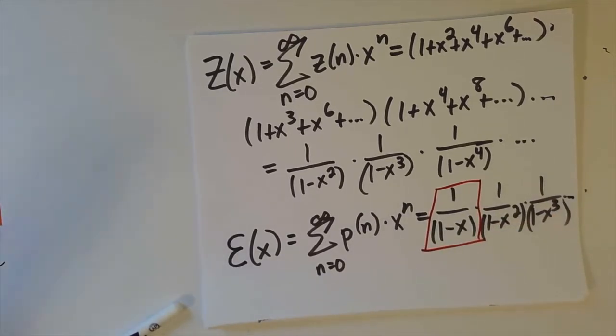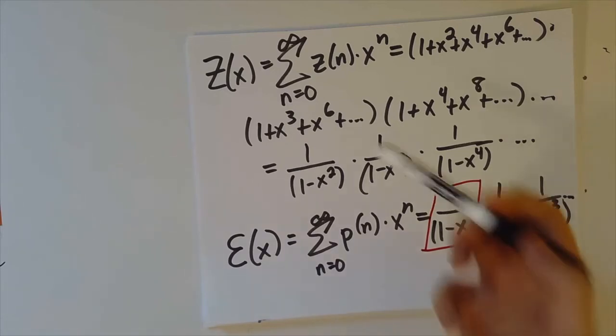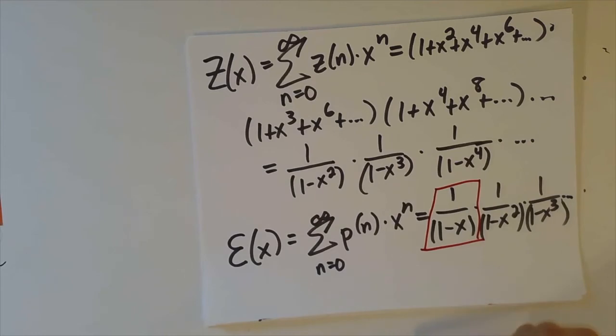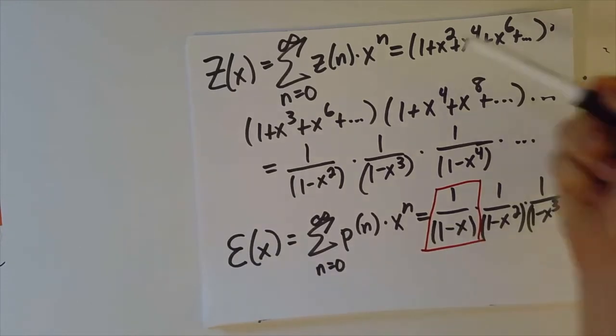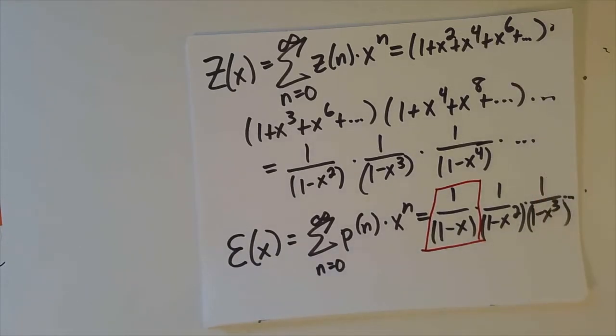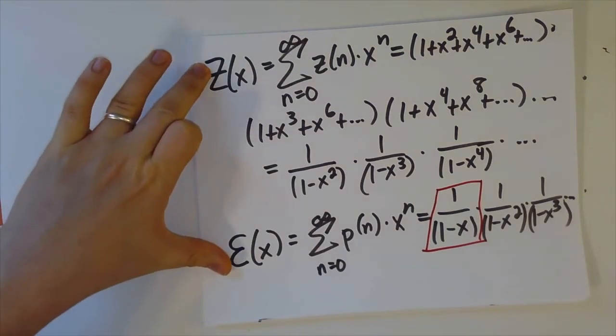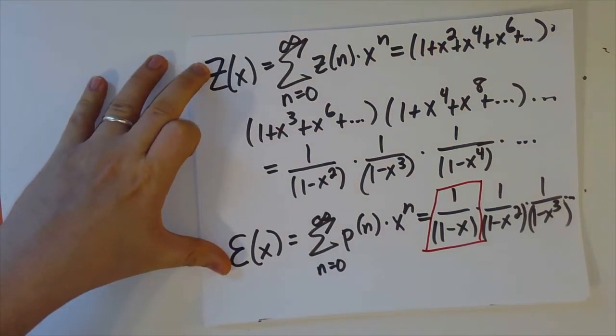And of course that makes sense, because what's the only difference here? Here I was allowed to use anything except 1. Well, here I'm allowed to use anything except 1, but I can also use 1. So I had to put in this additional term to compensate for the fact that I'm also allowed to use 1s in my partition. Okay. But that means that these two functions are actually very similar algebraically.